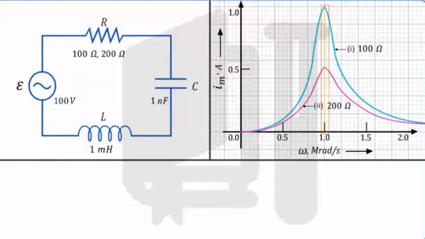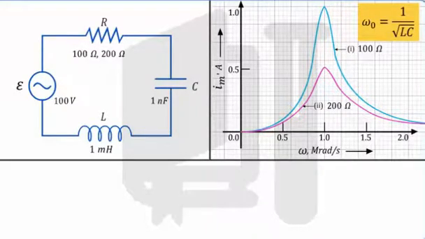From the graph, we see that the amplitude of the current in an LCR circuit is the maximum when the angular frequency omega naught is equal to 1 by root LC, for either of the resistance values. For other values of the frequency, the amplitude of the current is less than that at the resonant frequency.